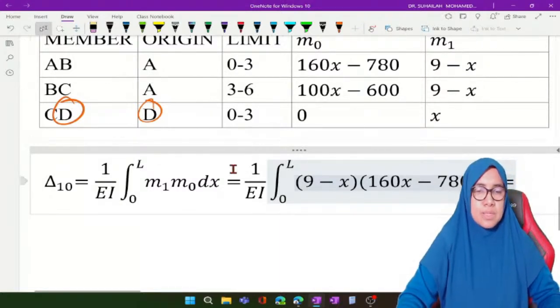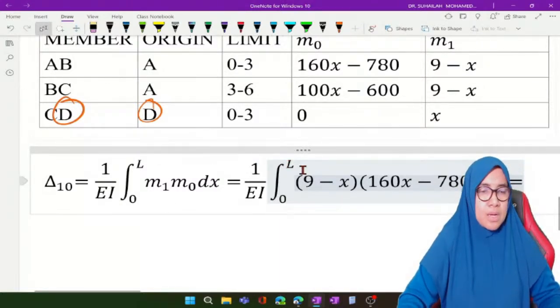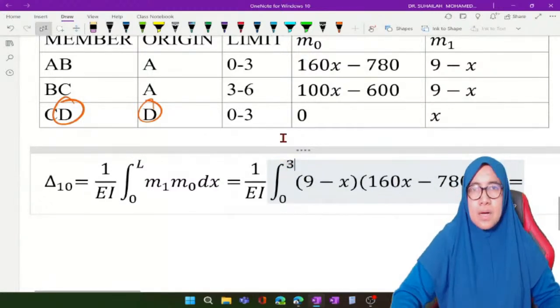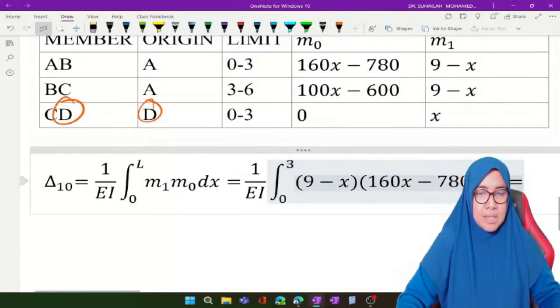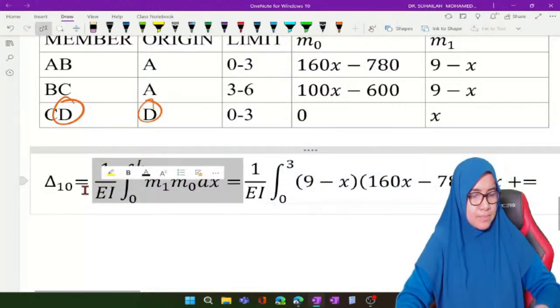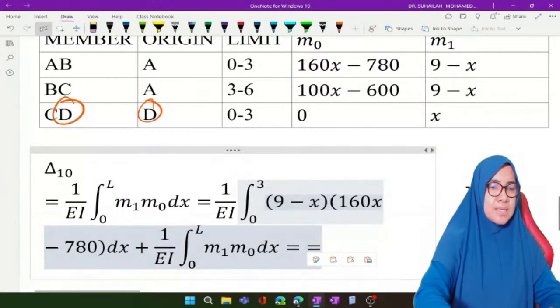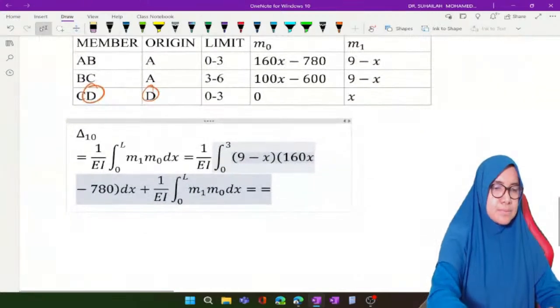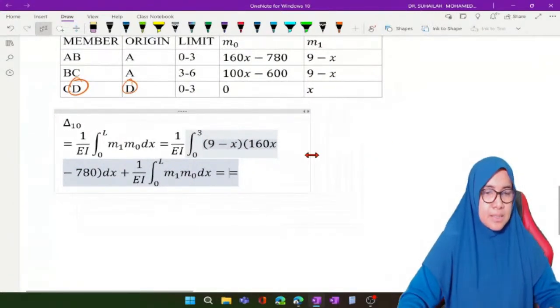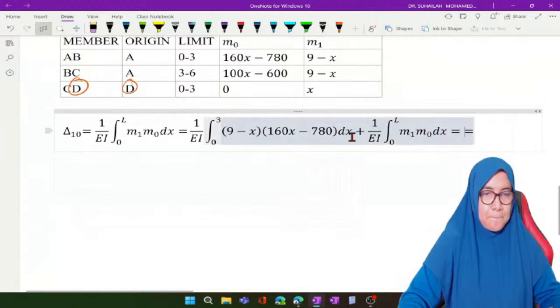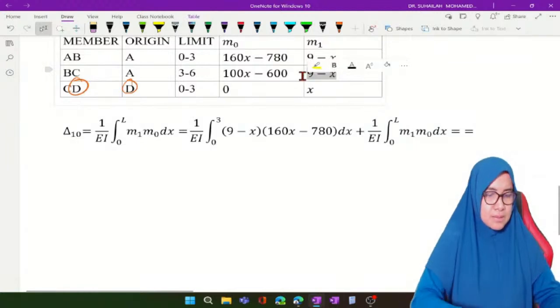The limit for the first cutting section is 0 to 3. So we have to add another one, the second cutting section. For the second cutting section, it is 9 minus x.